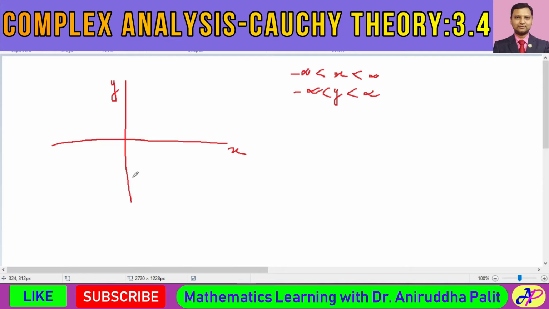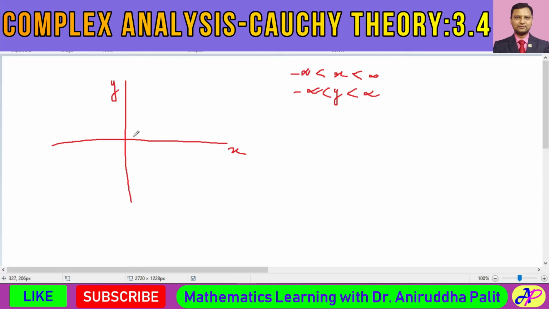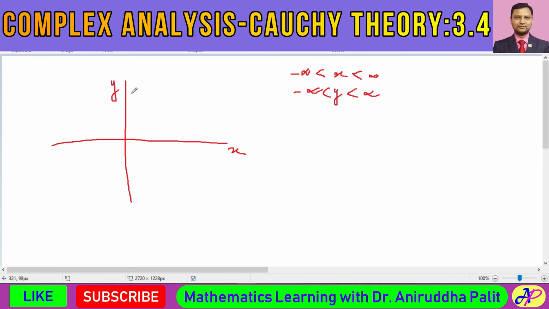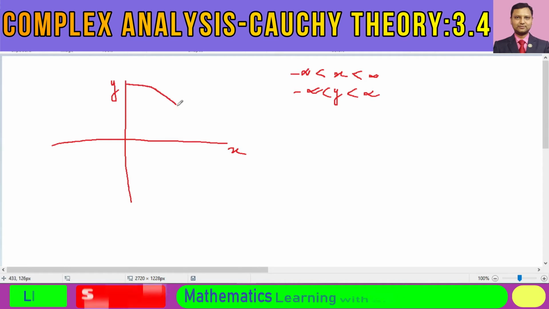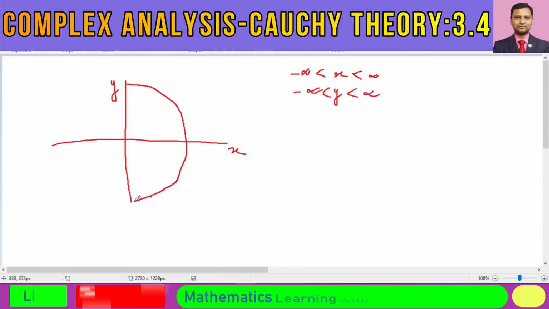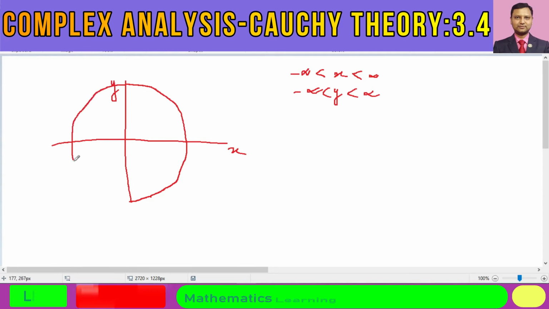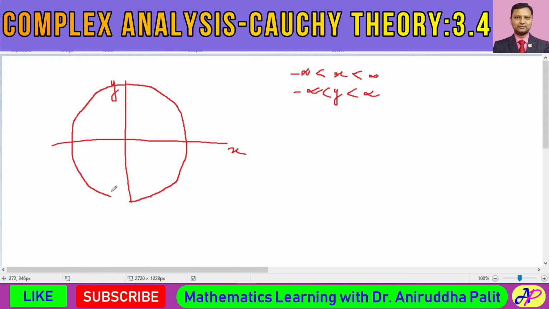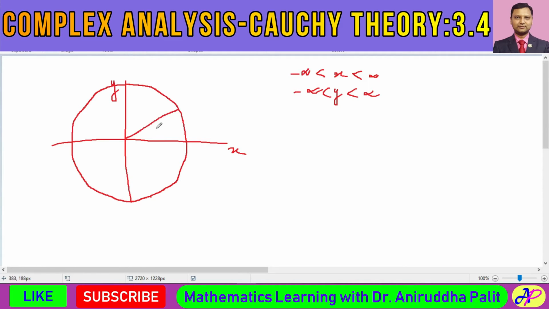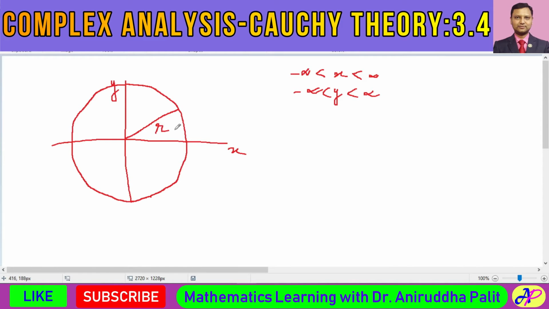But if you consider the portion of the complex plane which can be written as the inner portion of a circle of finite radius. Say if you consider this kind of circle, suppose the radius is small r of this circle.